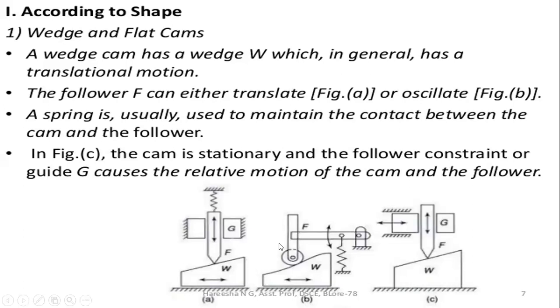So in the first picture, you can see both the follower and the cam. This is the wedge cam here, which can be moved either way, and this is the knife edge follower which is placed on the wedge cam, and a spring is attached to the follower, and two slideways are placed on either side of the follower.